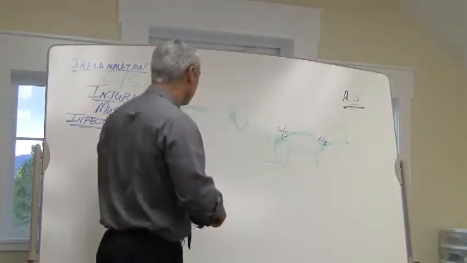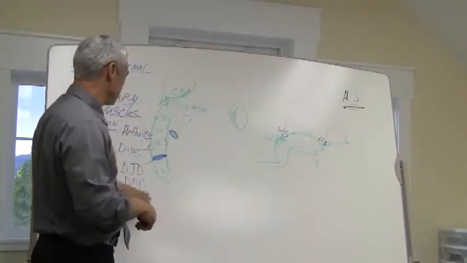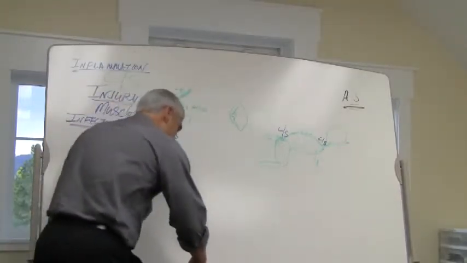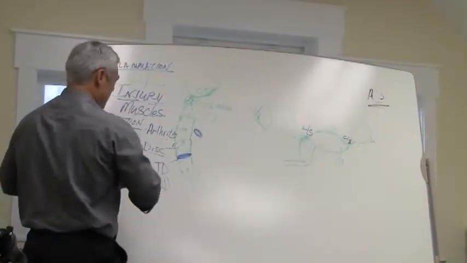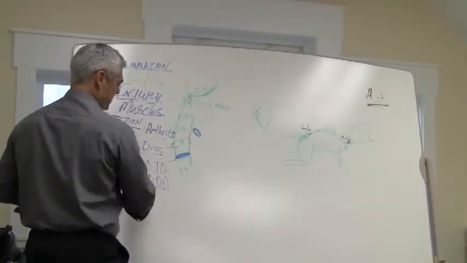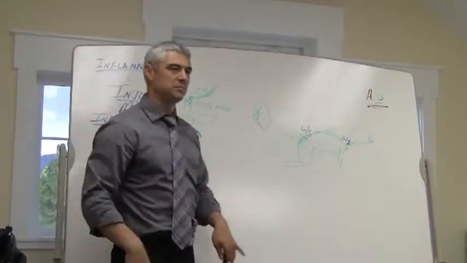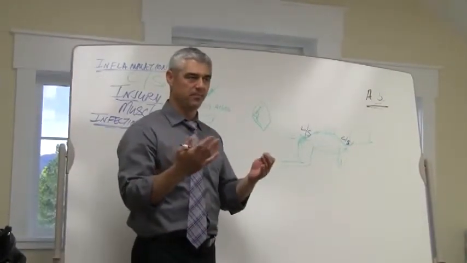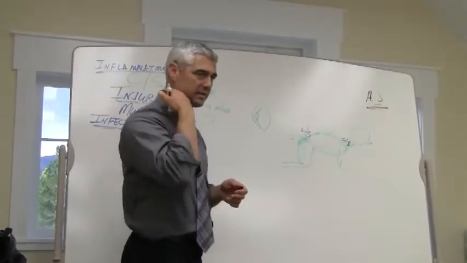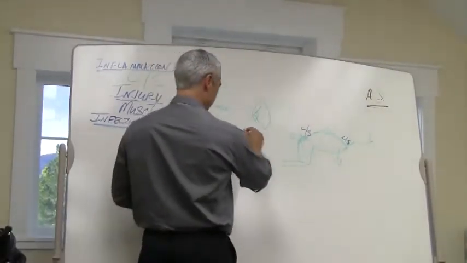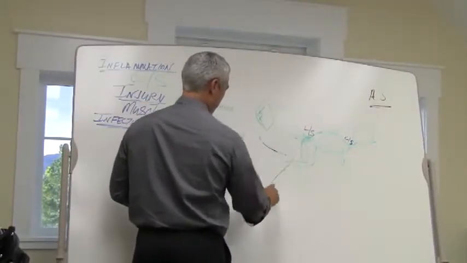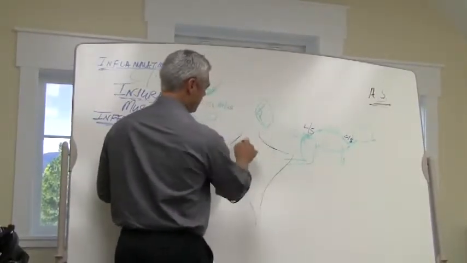Okay? Let's talk about these different things and how they present. First of all, let's talk about how a disc presents, because everybody knows about disc problems in the low back, but what is a primary symptom associated with disc injuries in the neck? Let's look at this for just a moment. If we're looking at a person from their back, here's their neck.